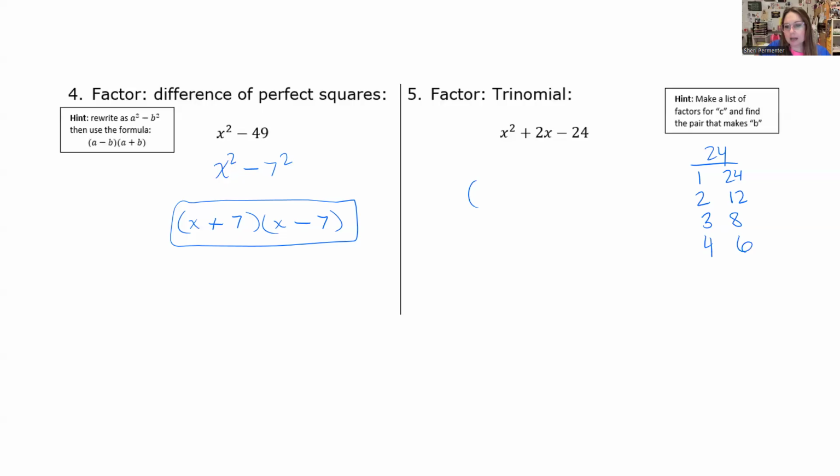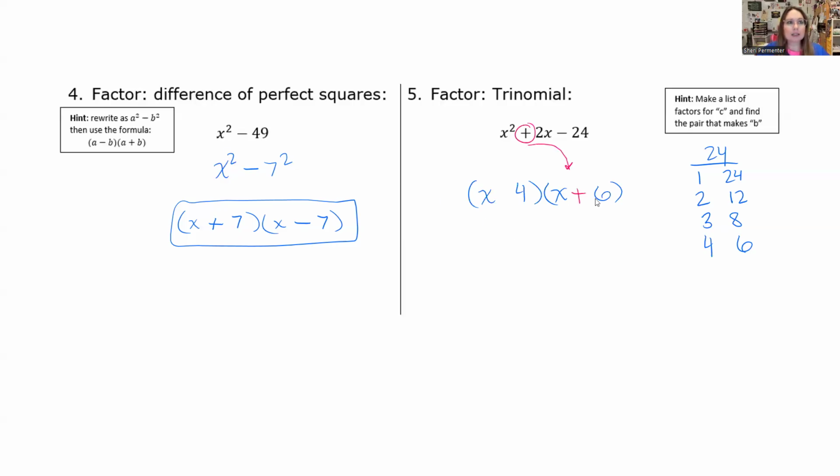So I'm going to set up my parentheses. There's going to be an X and an X because it's X squared. So there gets to be an X and an X. I'm going to put 4 and 6 in the parentheses. And so the bigger number is always going to match the sign of the middle term. So 6 is bigger, it's going to be positive.